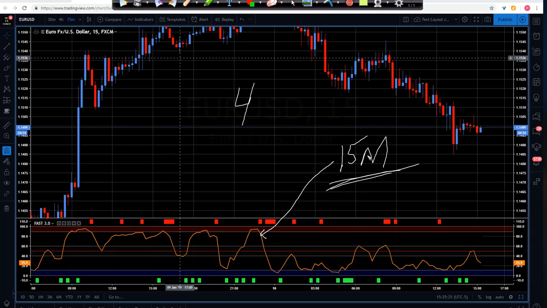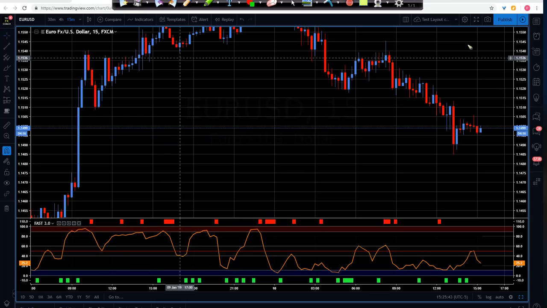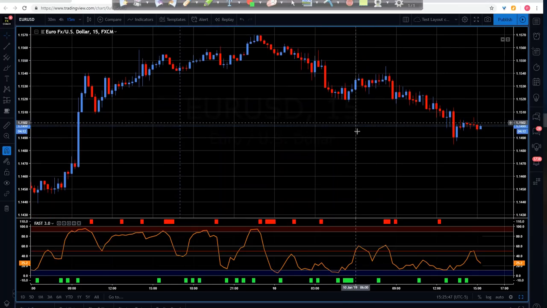Now, for those of you that ran FAST, the original version 1.0, if you will, you know that we had the trend bar at the top of the indicator, and we had both the red and the green boxes up there, and now down here we have them separated. And so in essence, when we talk about trading this, we're looking for the price to get to an extreme, and we're looking for target zones.